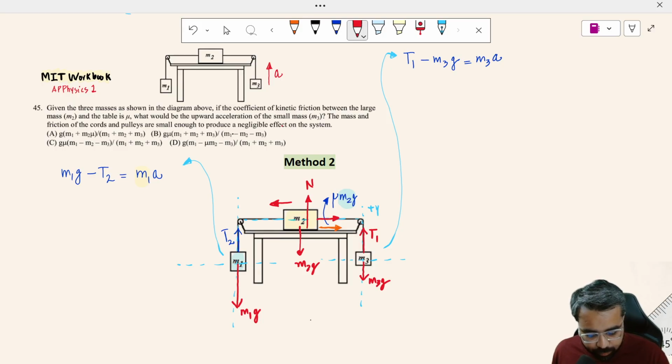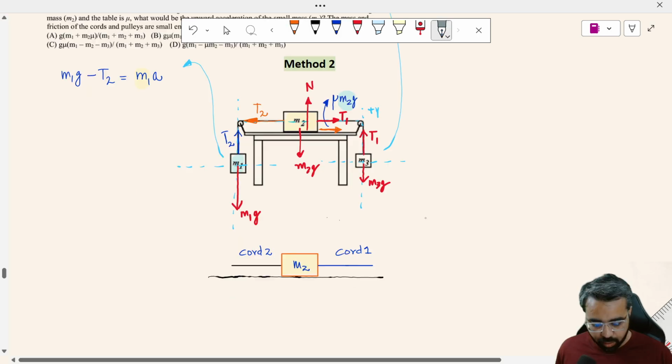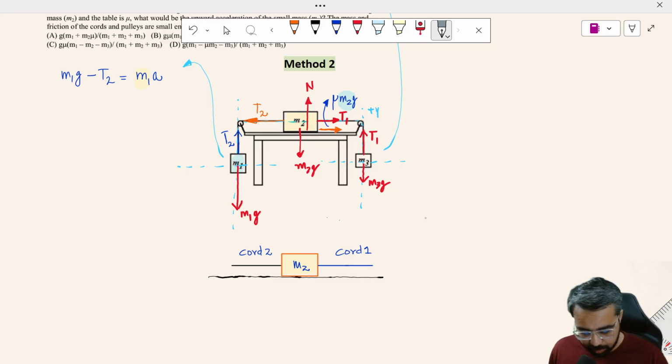What are the other forces? This force, you remember, is the tension T1, and this force is the tension T2. So students, for more clarity, I have drawn this diagram again for the mass m2. This is the force of tension which we are calling T1, and this is the frictional force exerted on m2 by the surface of the table, equal to mu times the normal force, which is equal to the weight.